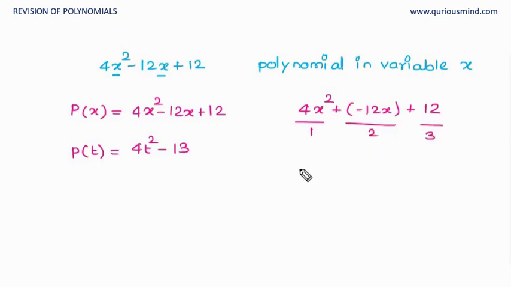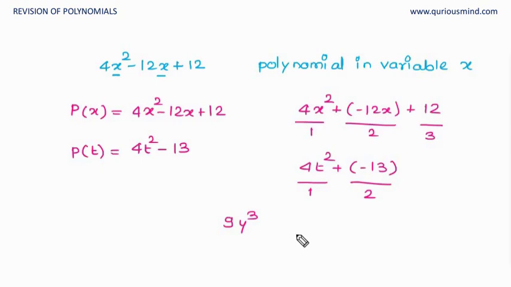In this case we have 4t² plus −13, so we have 1 and 2, only 2 terms. Similarly, I can have a polynomial, let's say 9y³, just one term.